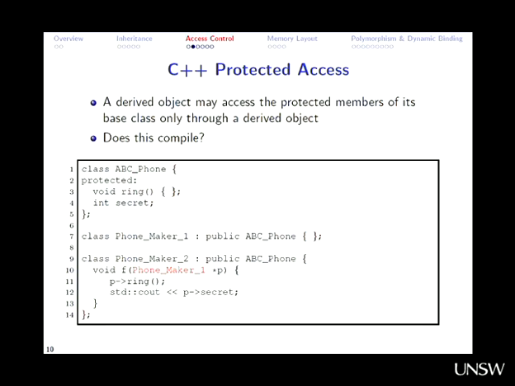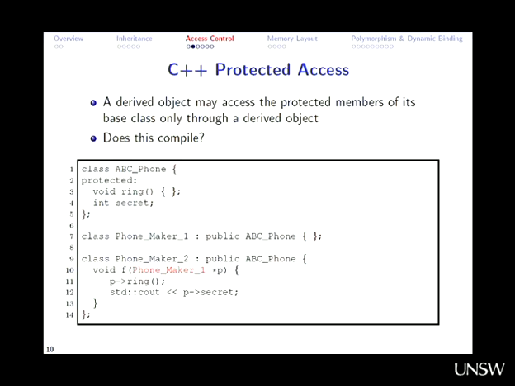Who thought it would work, by the way? Who thought it wouldn't? Why do you think it wouldn't? I've got the explanation, but why wouldn't it work? Yeah, it's going to be the same situation as before. This ABC phone, you can't guarantee isn't a PhoneMaker 1 in disguise.